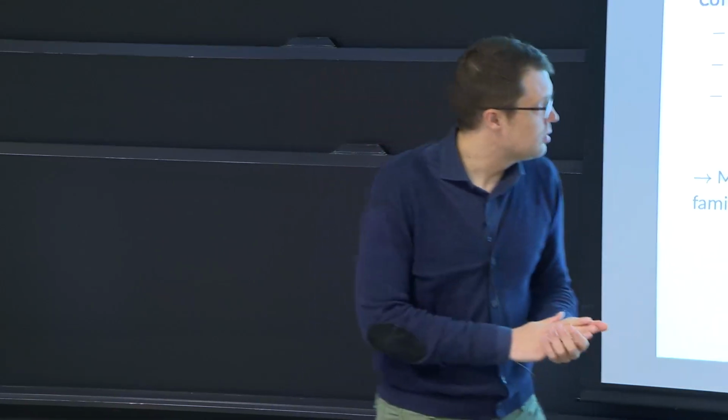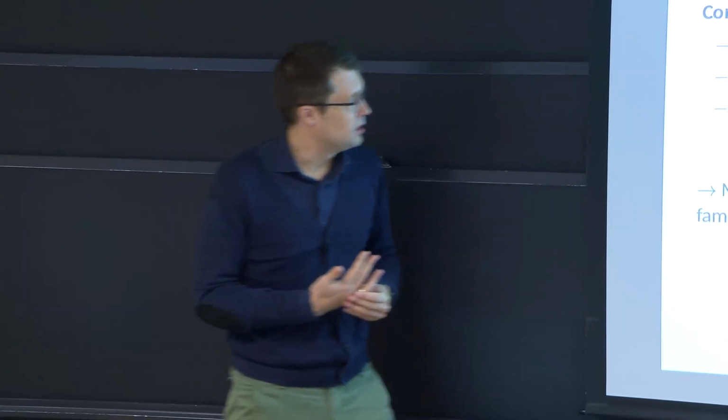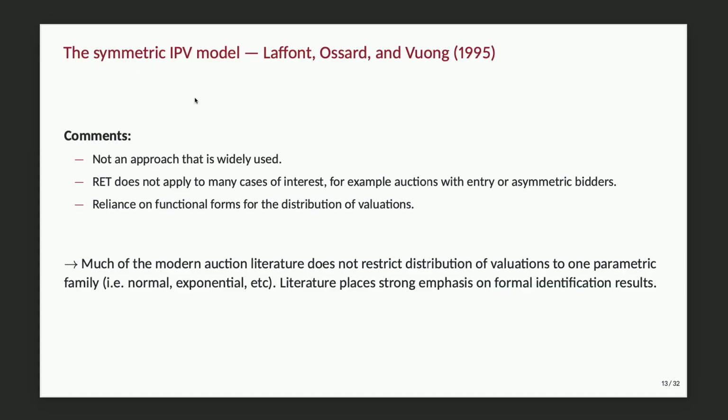Let me comment on this a little bit. As neat as this is, it's actually not an approach that's widely used anymore in empirical work. One reason is certainly that there are many different ways that revenue equivalence breaks: asymmetric bidders, risk aversion, endogenous cost of entering an auction, collusion.